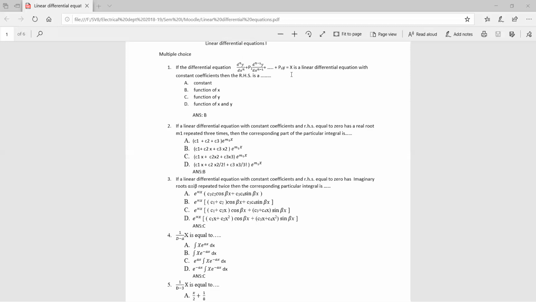Then we can say this equation is a standard form of linear differential equation with constant coefficient.